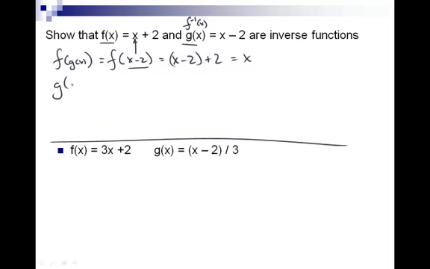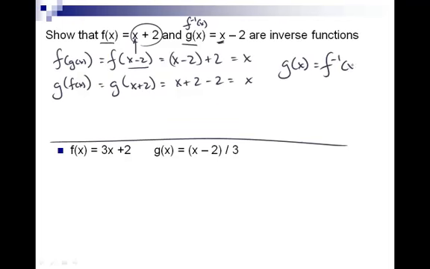Using the opposite composite, we will be taking g of my f of x function, which would mean plugging x plus 2 in place of x in g of x, x plus 2 minus 2, which is also x. Therefore, f of x and g of x are inverses, and we can call g of x f inverse of x.